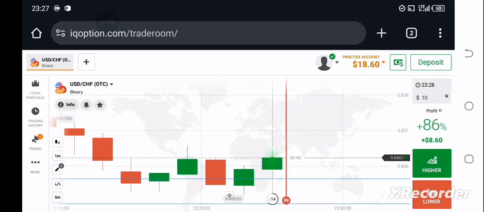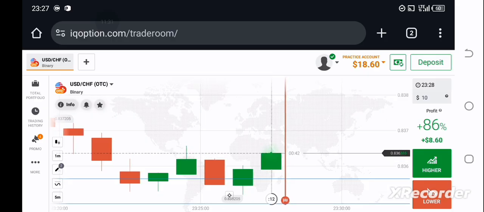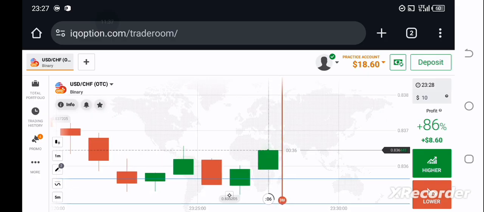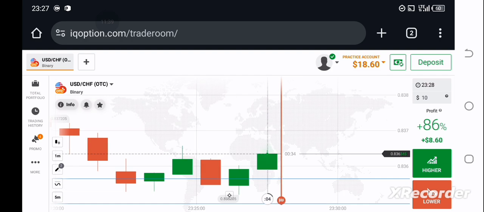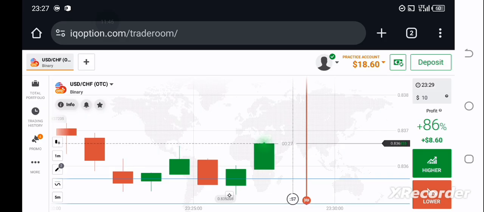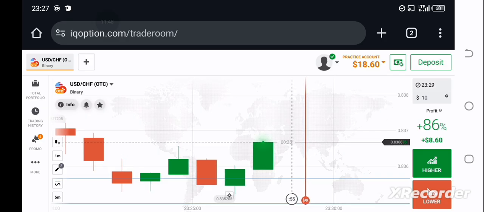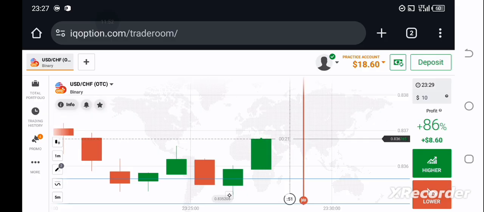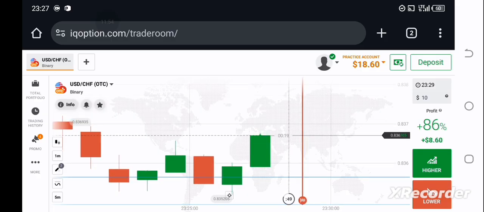What you have to bear in mind is that once a candlestick closes or a new candlestick opens, you have until 30 seconds to open a new trade. If you open a trade within the first 30 seconds when the candle opens, your trade is going to close in that same candle.